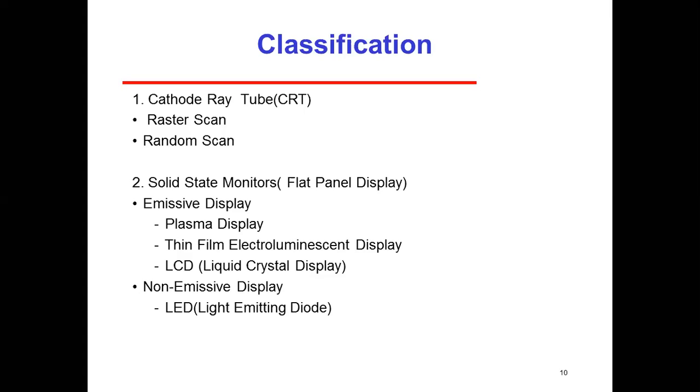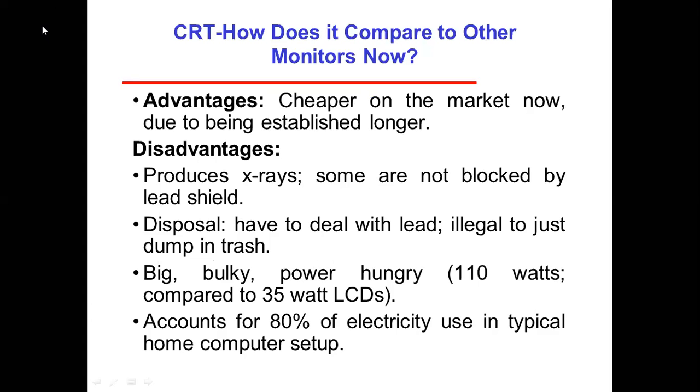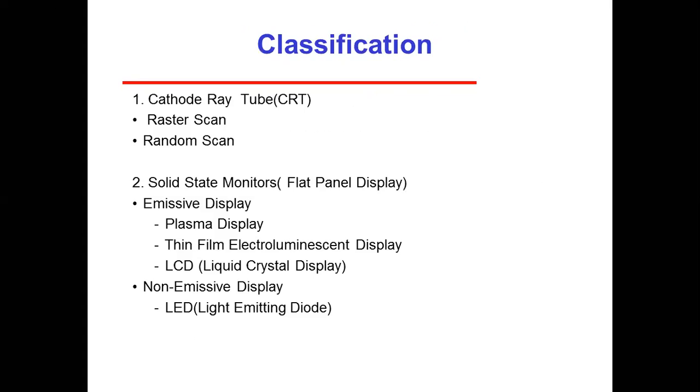Also the density is reduced and they are not so bulky, because we have already seen the CRT based monitors occupy more area and also the electrical consumption was more. In the case of TFT, LCD and then LED, the electrical consumption is very low.